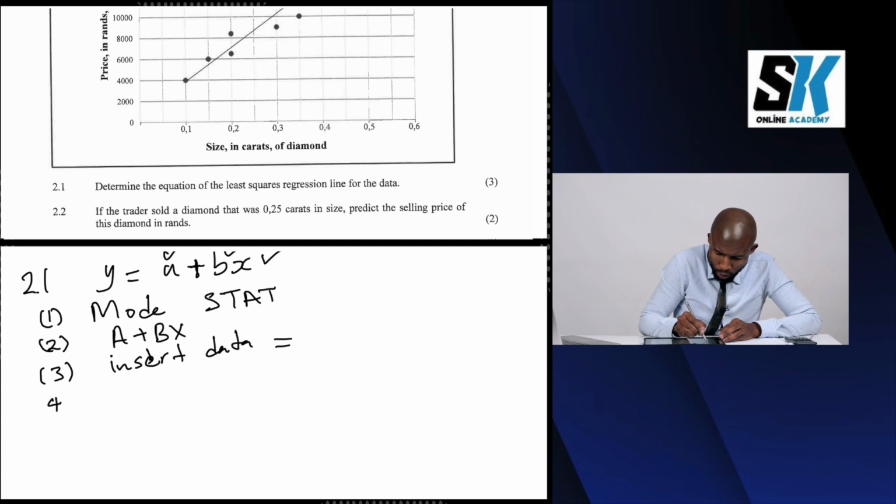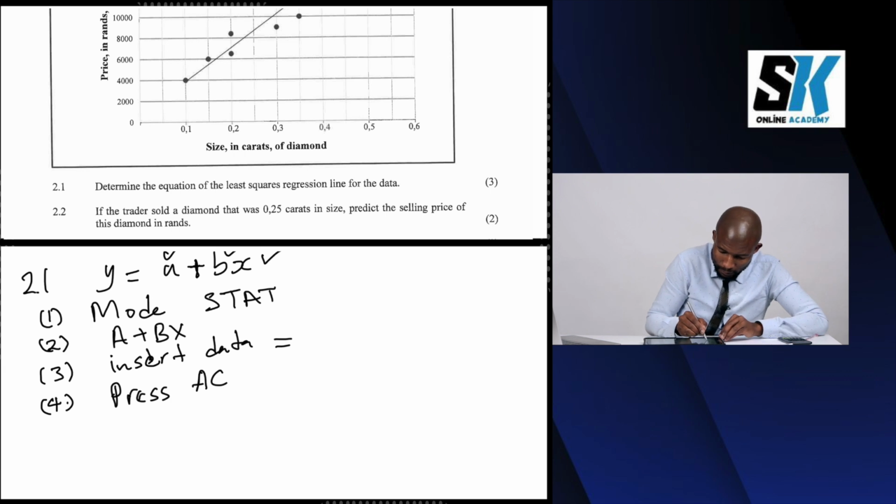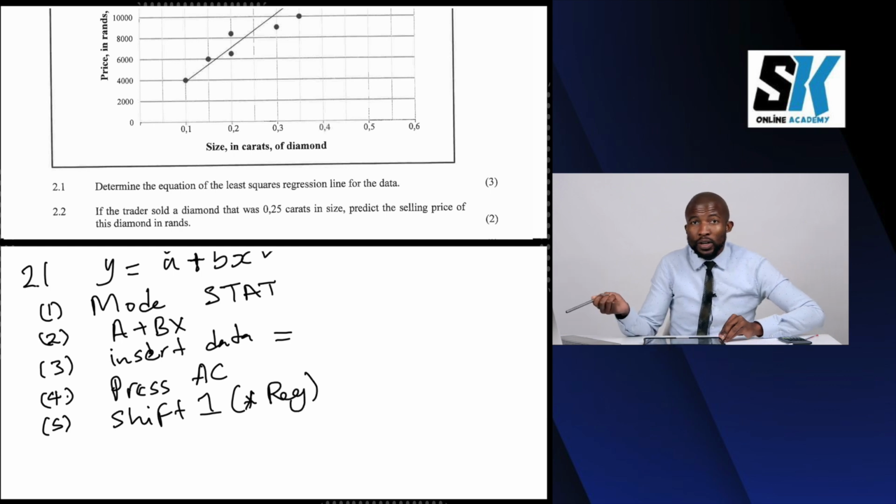So number 4, after you've done that, you're going to press AC on your calculator. And then after that, on the 5th one, you're going to press shift 1. Then where you choose 1, you're going to see it says regression, which is what we are dealing with here on this question.